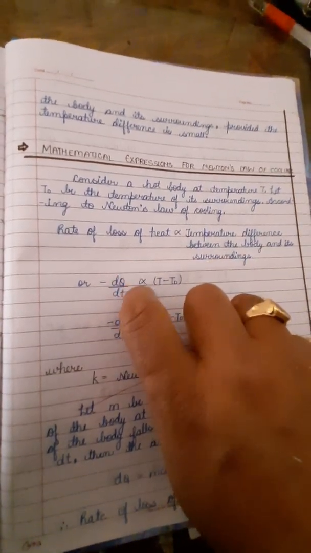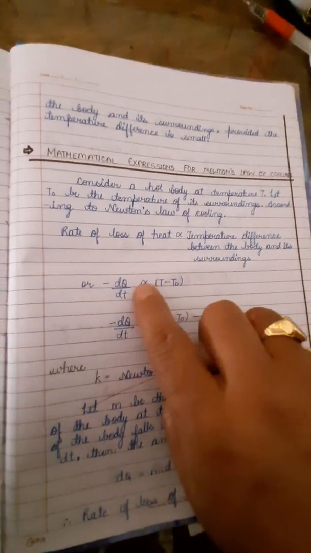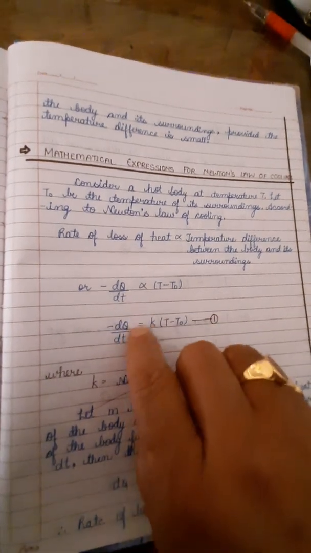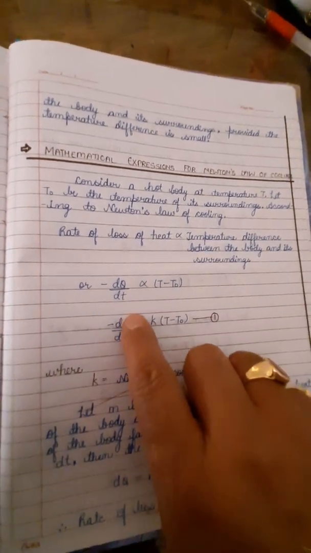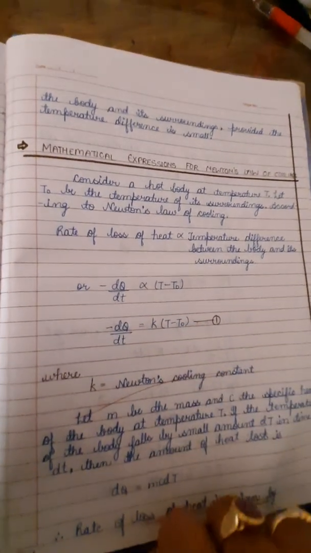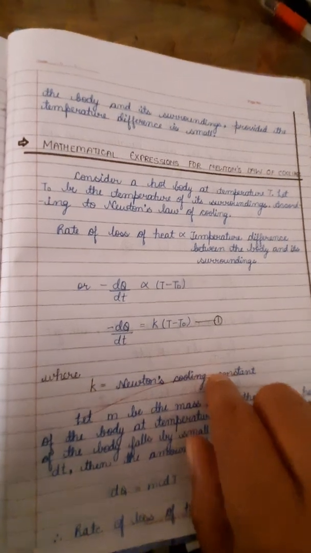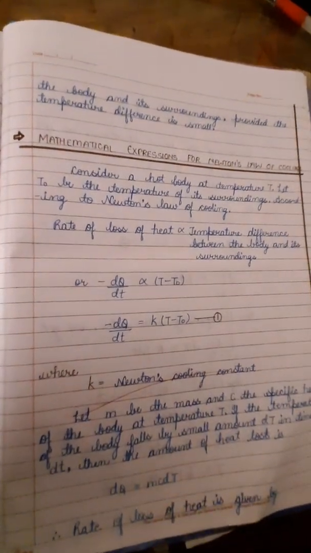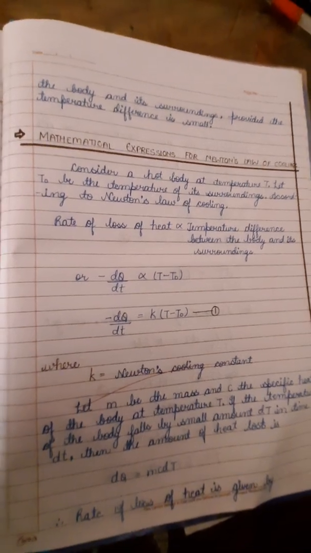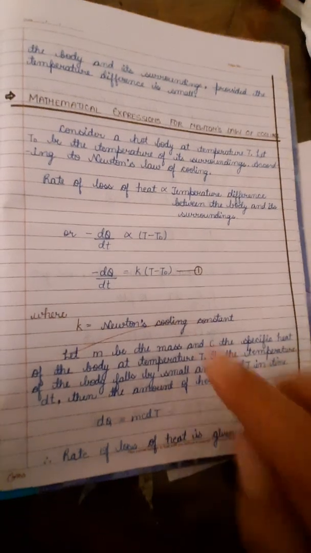So dQ upon dt is directly proportional to T minus T naught. Replacing this with a coefficient, minus dQ upon dt is equal to k into T minus T naught, where small k is Newton's cooling constant. Initially it was capital K, which is the coefficient of thermal conductivity.